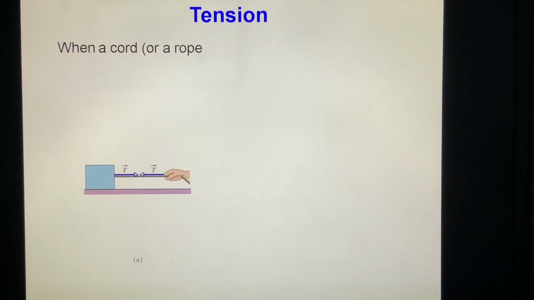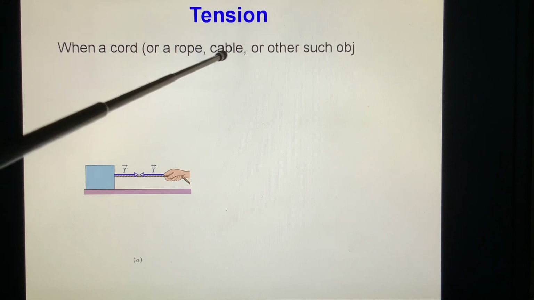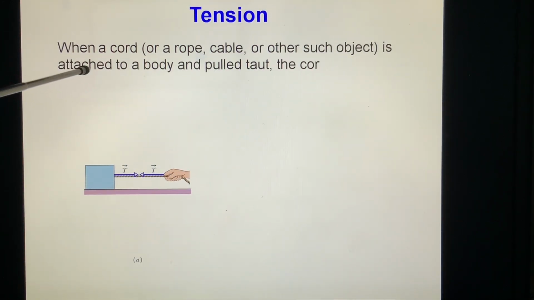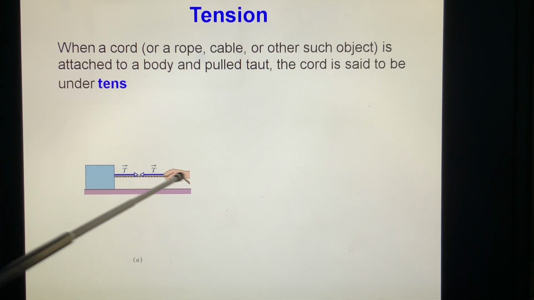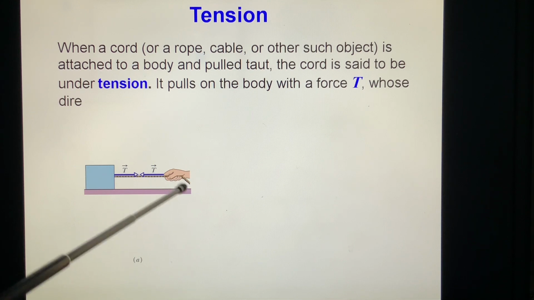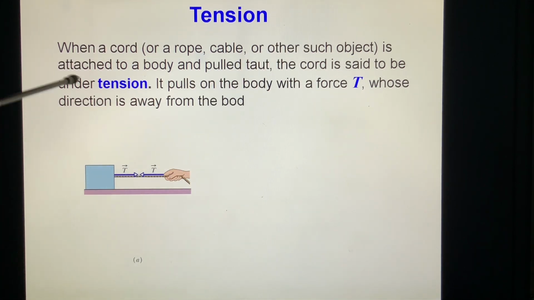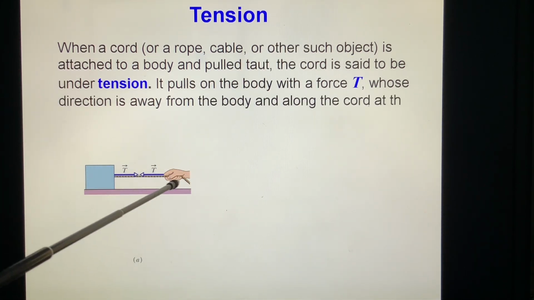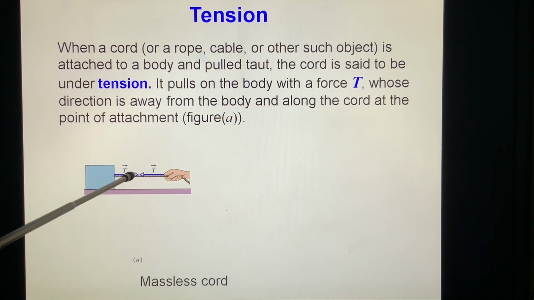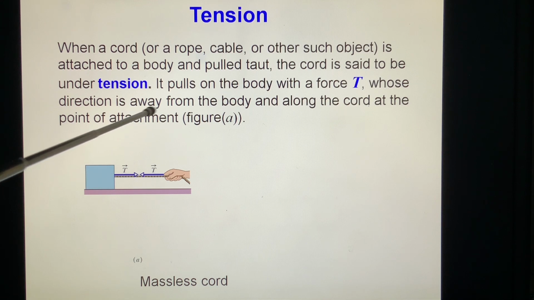Tension. When a cord, rope, cable, or other such object is attached to a body and pulled out, the cord is said to be under tension. It pulls on the body with the force T, whose direction is always away from the body. This T is always leaving the body.